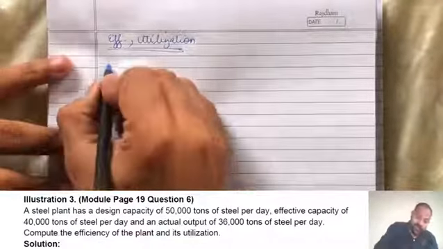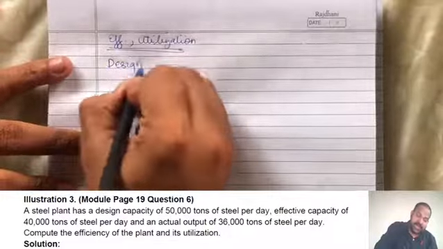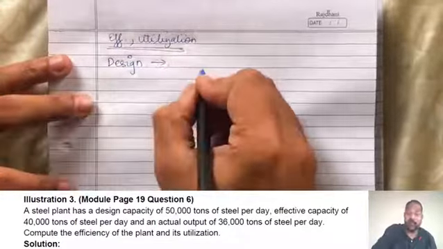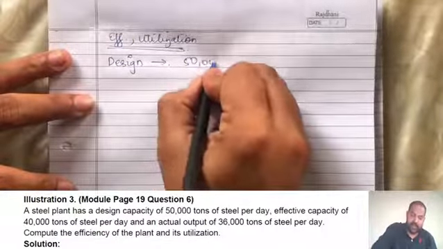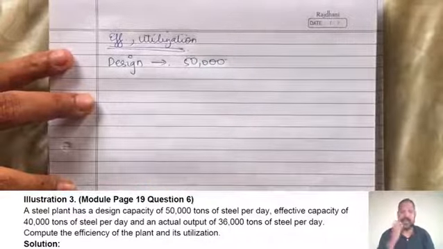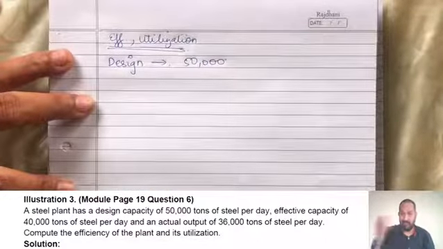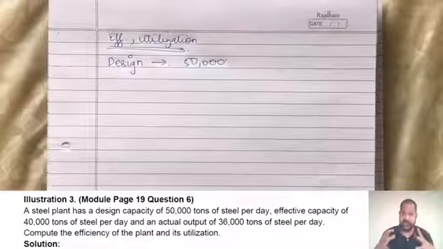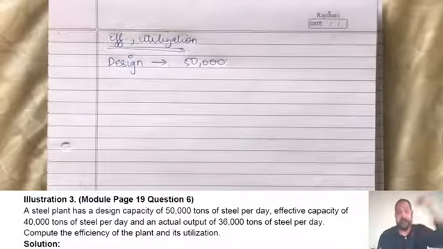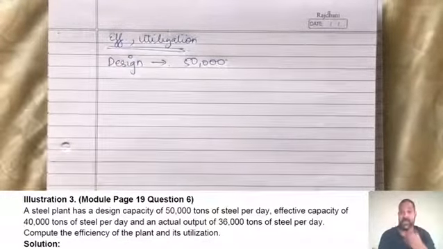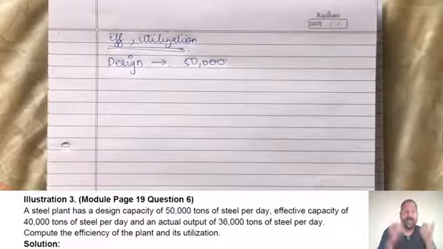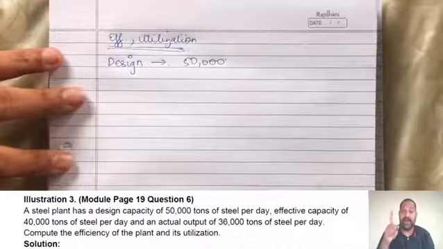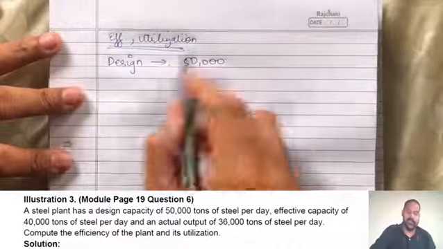They have given you a design capacity of 50,000 tons. What do you mean by design capacity? When I went to buy this, let's suppose this is a machine which can process 50,000 tons of steel. When I went to buy it, they told me that in one day it can process 50,000 tons of steel.